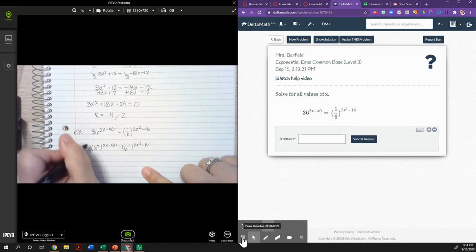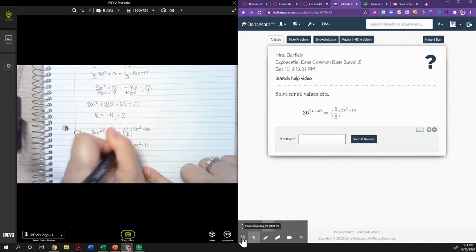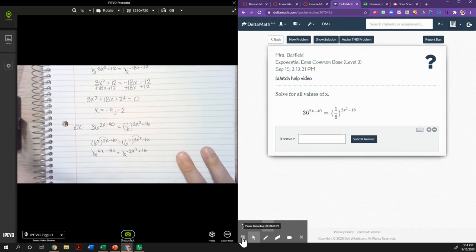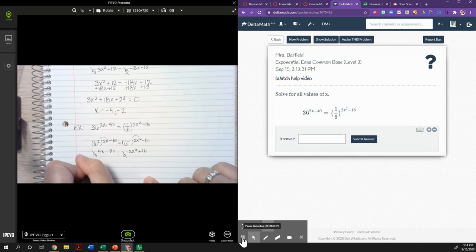Now I've got my bases the same, so I'm going to multiply my exponents. So I get 6 to the 4x minus 80 equals 6 to the negative 2x squared plus 16. So 6 cancels, and I've got 4x minus 80 equals negative 2x squared plus 16.